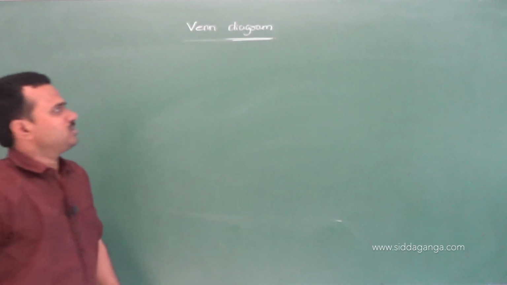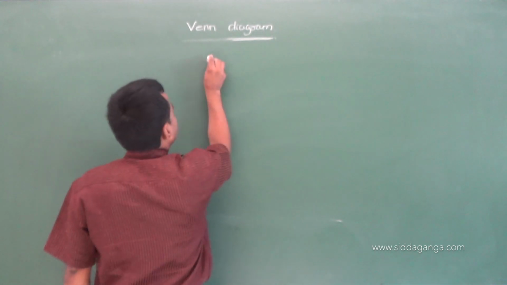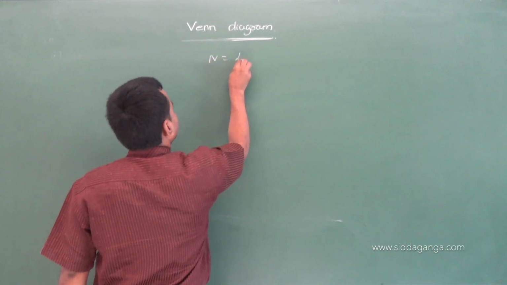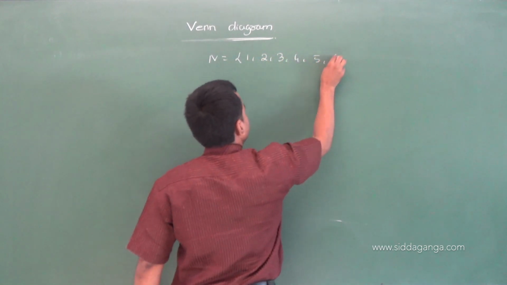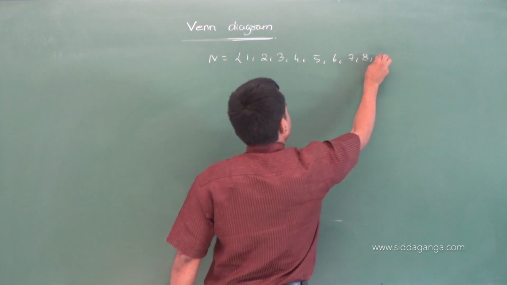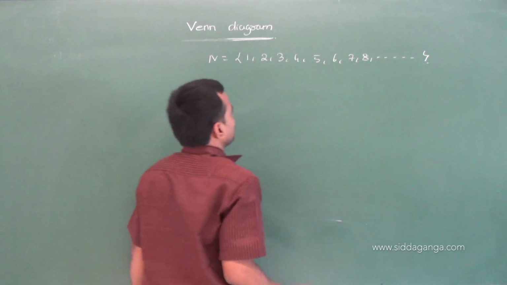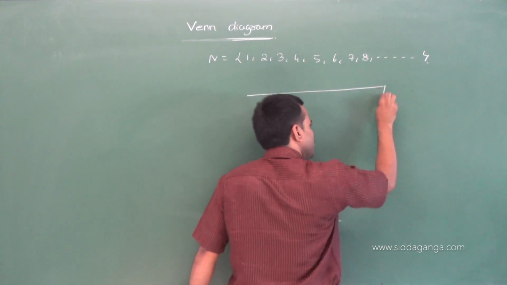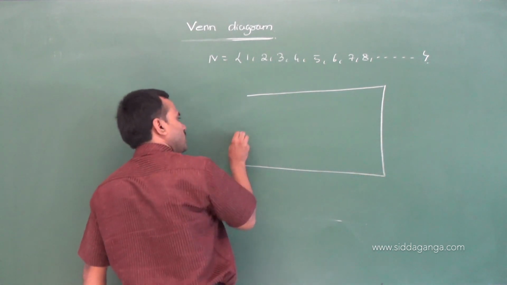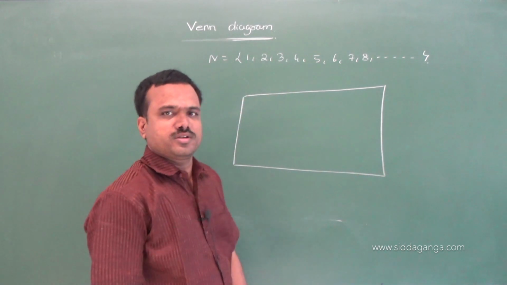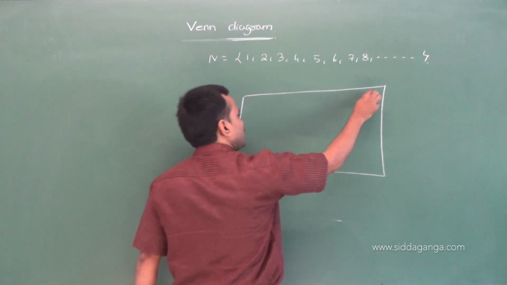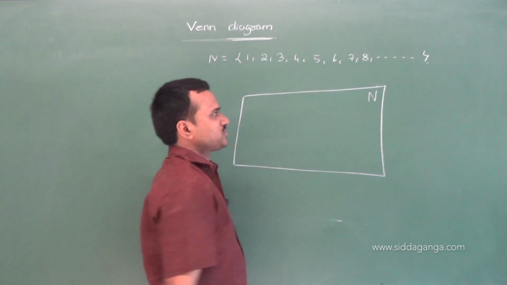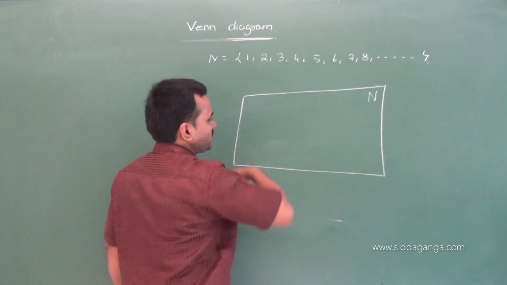One more simple example. So what I do, natural numbers: 1, 2, 3, 4, 5, 6, 7, 8, like this. This is nothing but a universal set. So the universal set is represented by a rectangle. Natural numbers, all this. Subsets we write.